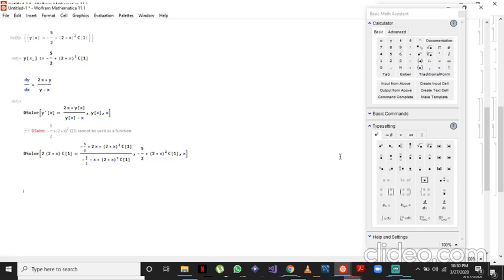So to solve a second order differential equation, let me just write down a second order differential equation for y'all.